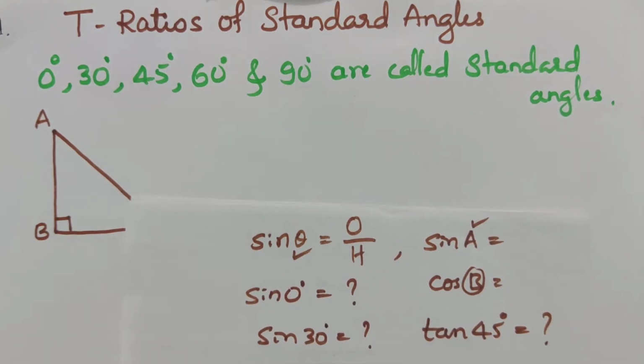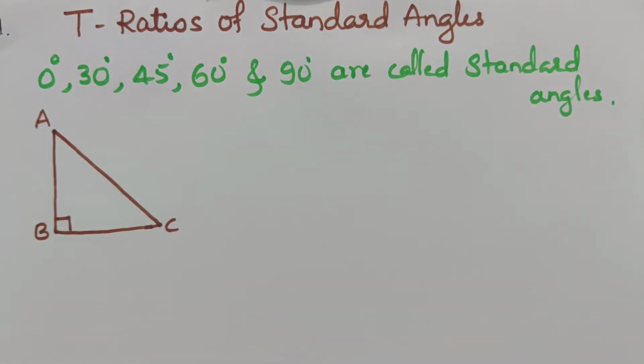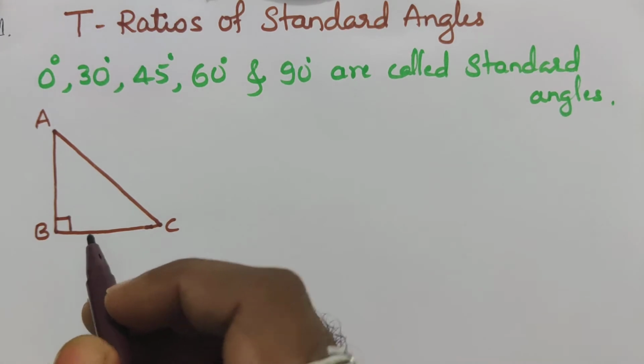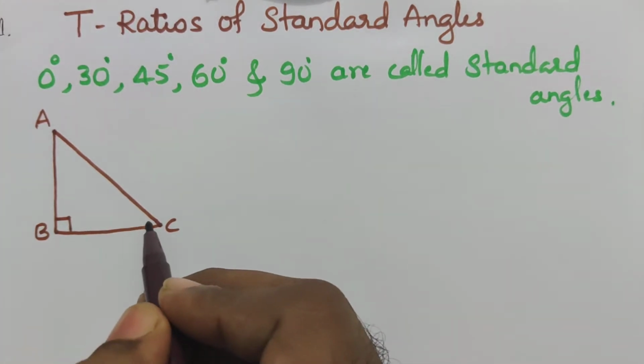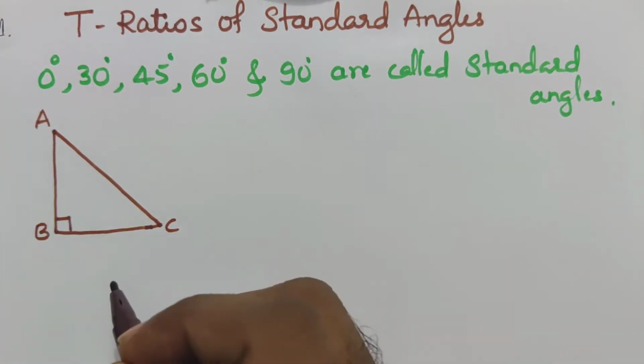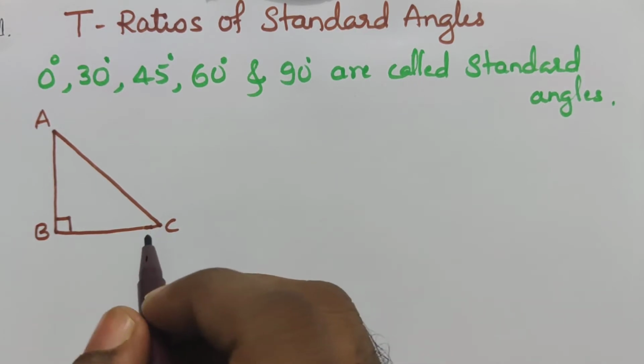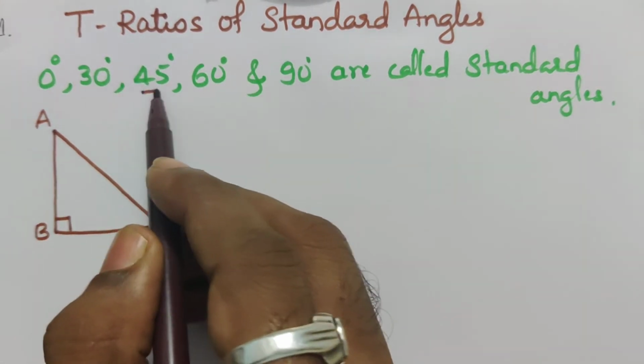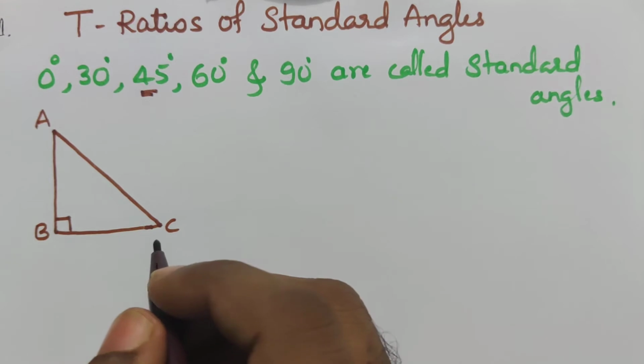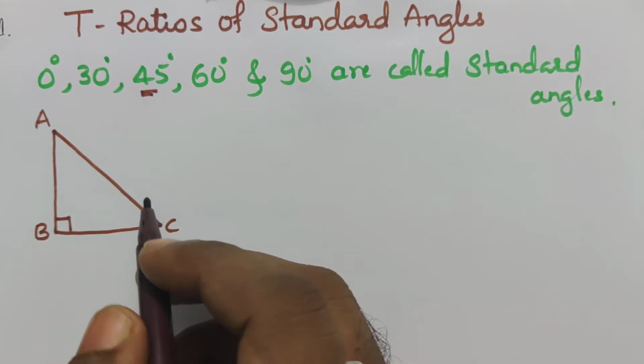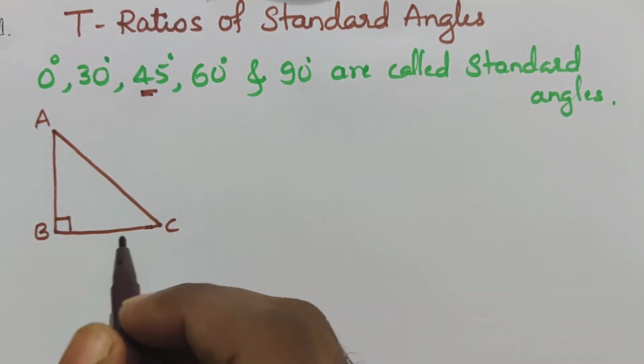Okay, so for example, I have taken a right angle triangle, and we have to assume either C or A as our acute angle. Suppose I want to show you the trigonometric ratios of 45 degree.